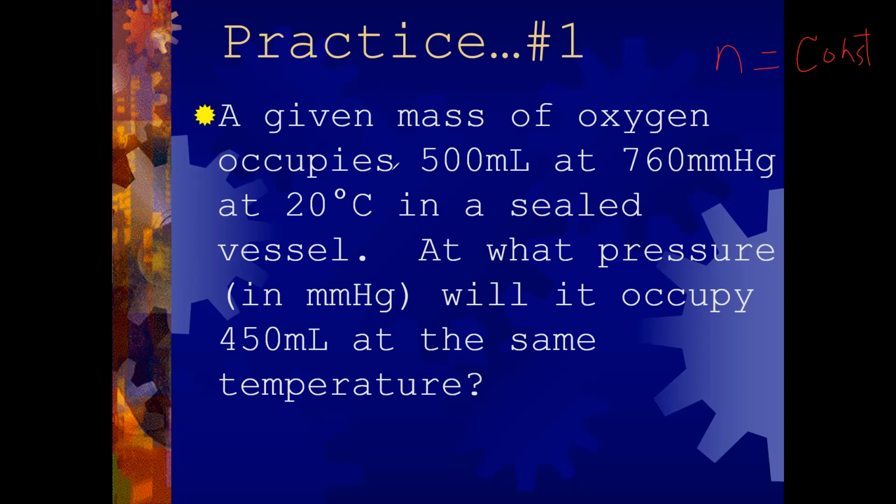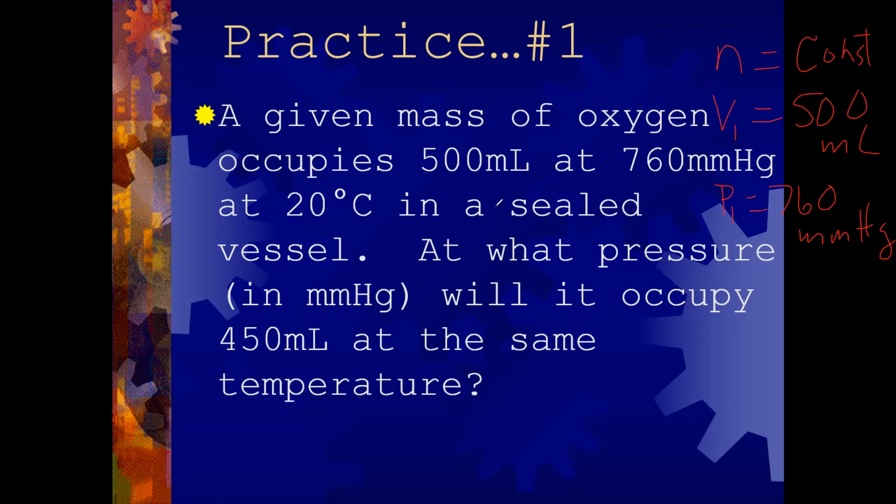The next thing it's talking about is that it occupies a volume, so that's volume 1 of 500 milliliters at a pressure of 760 millimeters of mercury. Temperature is not mentioned. It says at the same temperature, so we know the temperature is constant.